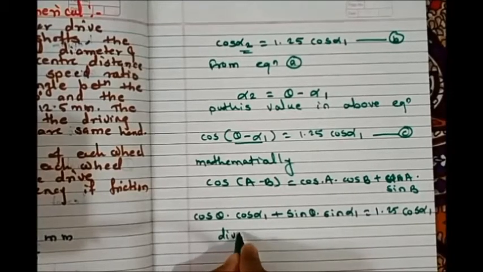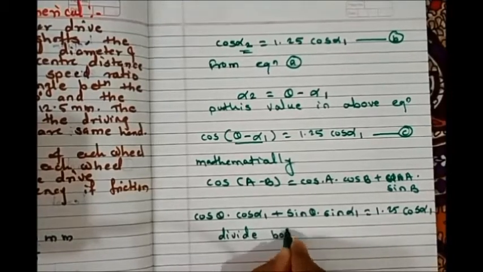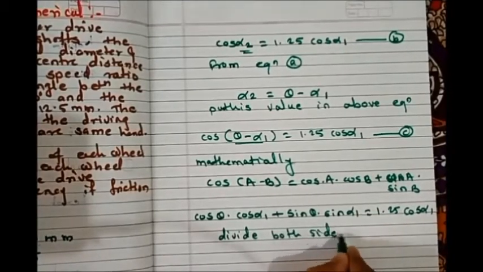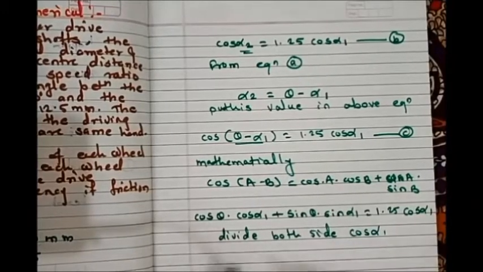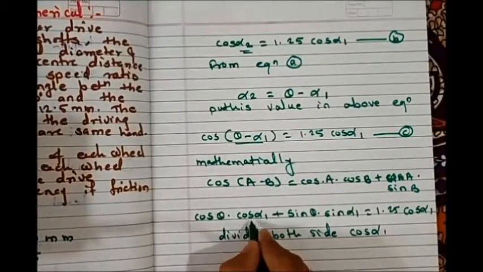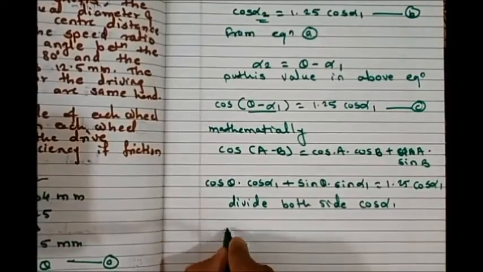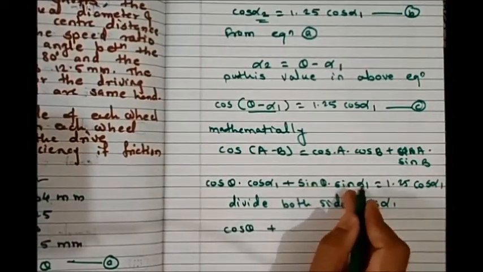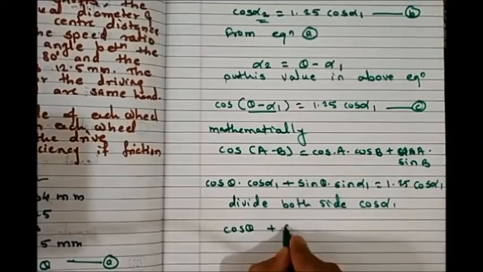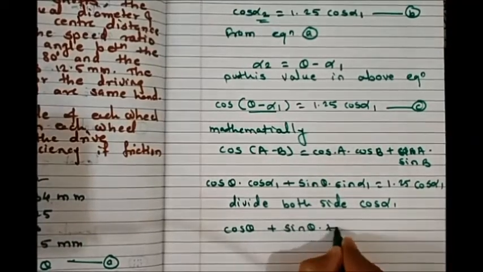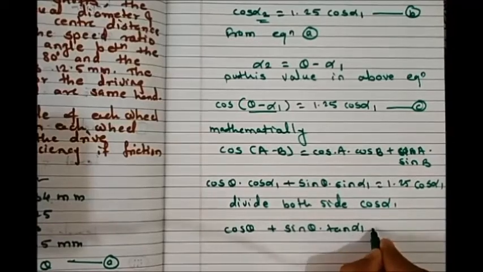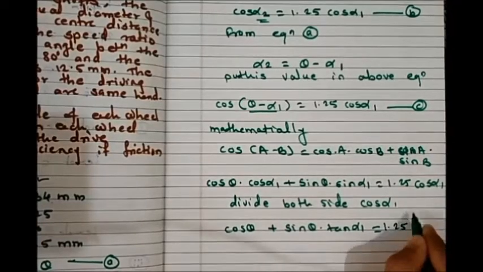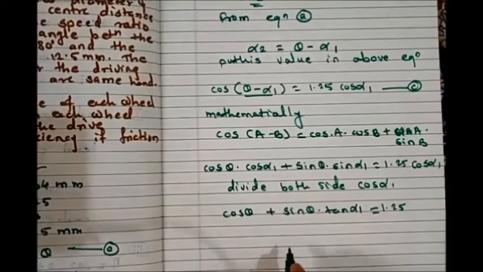Now divide both sides by cos alpha 1. So cos alpha 1 gets cancelled. What remains is cos theta plus sin theta, and sin alpha 1 divided by cos alpha 1 becomes tan alpha 1, is equal to 1.25, as cos alpha 1 gets cancelled.